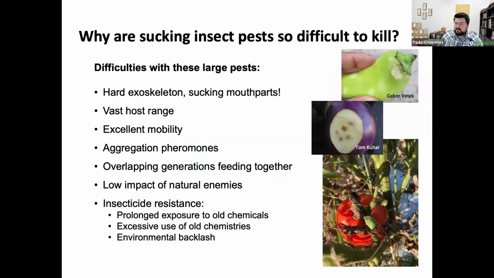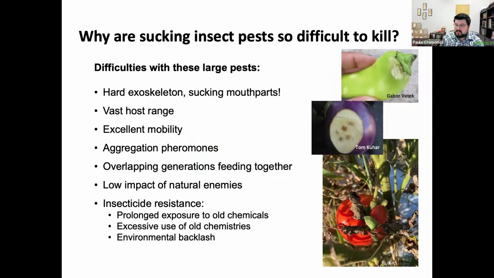And why are these so difficult to kill? We're talking about the large sucking mouthpart pests, not the small ones like whiteflies, aphids and thrips, or spider mites. We're talking about the macro pests. They do have a hard exoskeleton, that protective skin that will reduce penetration of chemicals or biologicals.